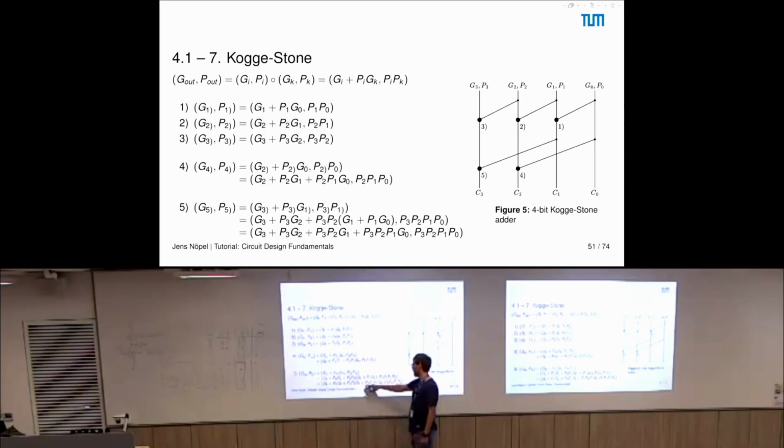And then the next one, we have now three propagates and one generate for the last node here. And for the propagates, we want just to have all propagates together. It's like 3, 2, 1, and 0. So this is the formal way of showing that this is what we expect and this is what we get, independently of how this looks.